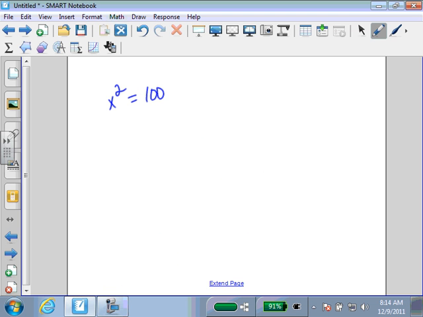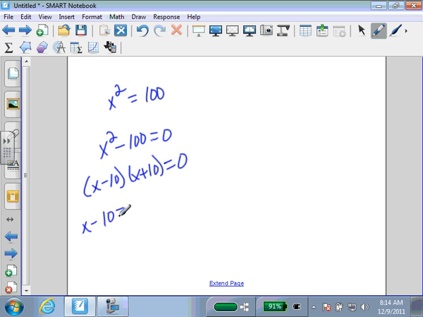I could do this one of two ways. I could move the 100 over, factor, use the zero product property, to get x equals 10, x equals negative 10.